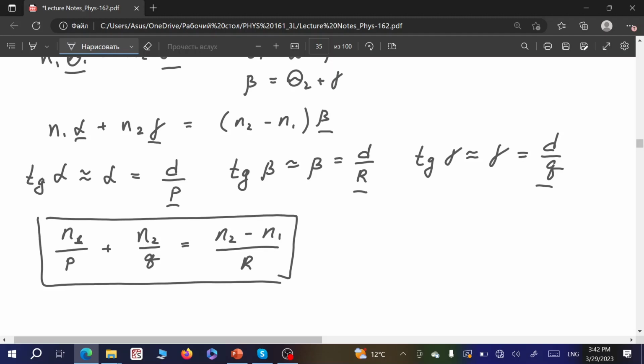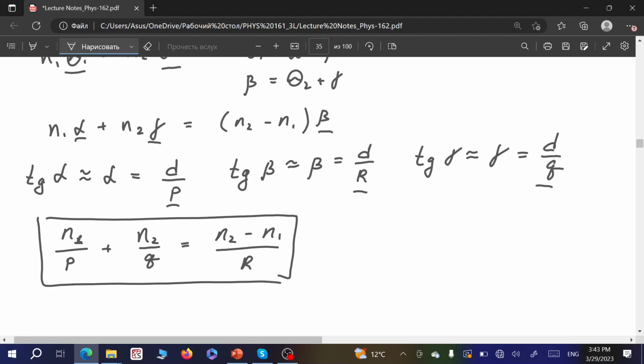So if there are some light sources located infinitely far away from the mirror and rays are traveling parallel to the optical axis, then they will be collected in this focal position, the focal point located at the focal distance.